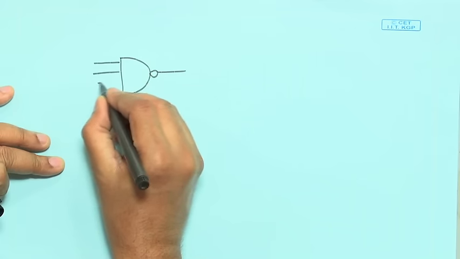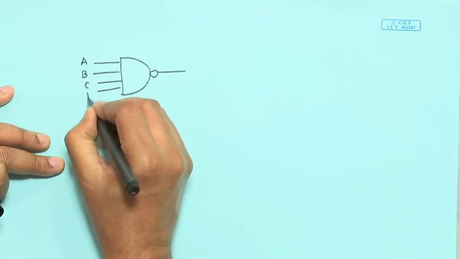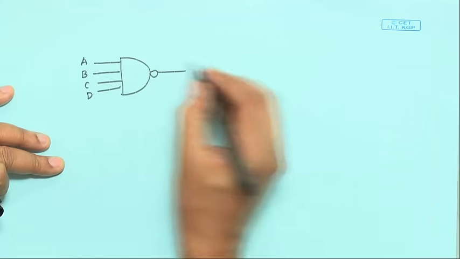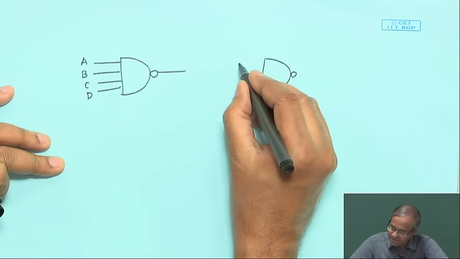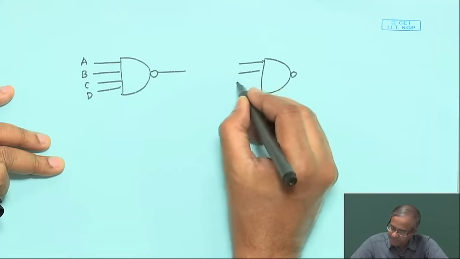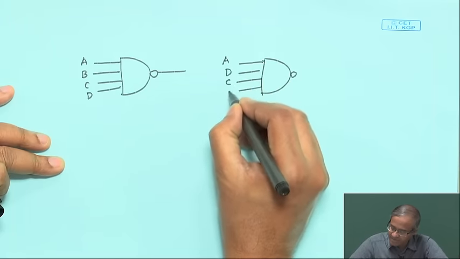Normally when we have a multi input gate, we connect A, B, C, D like this. Suppose we have another scenario, same gate, but we connect the inputs like A, D, C, B.